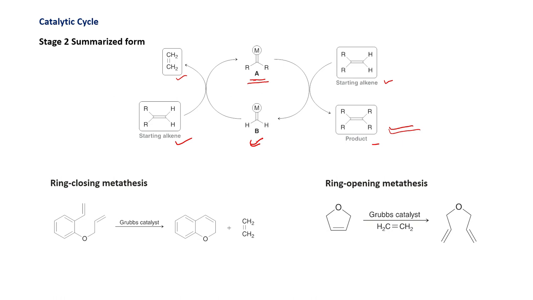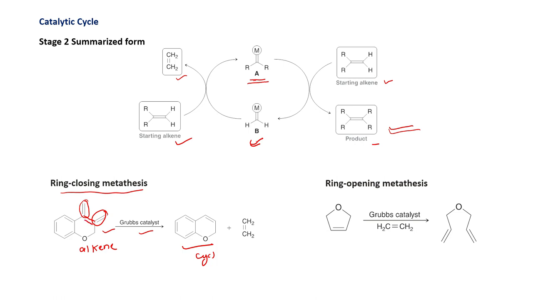So there are two types of metathesis. One is ring closing metathesis, another is ring opening metathesis. In ring closing metathesis, when you treat an intramolecular alkene using Grubbs catalyst, you will get your cyclic product. So this portion will merge with this portion and it will give you a double bond here.